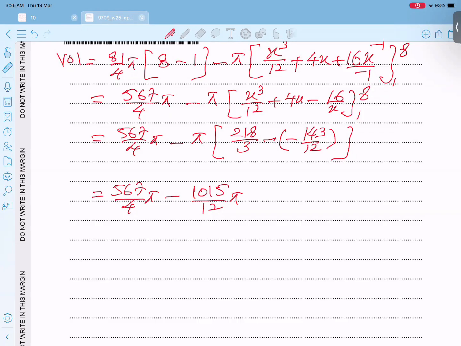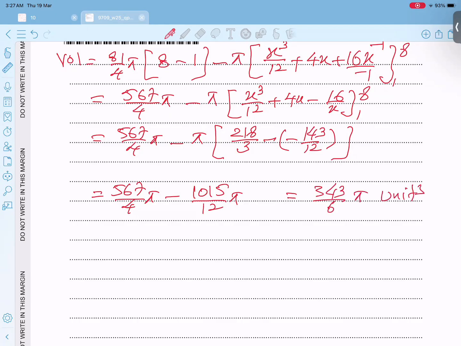So first part, I'm getting here, and once again, this is clear, 567 divided by 4 and minus 1015 divided by 12. So 343 over 6 pi unit cube.